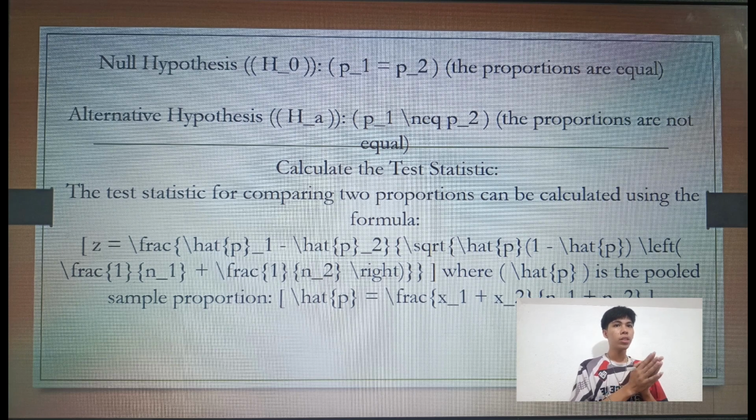The proportions are not equal. Calculate the z-statistic. The z-statistic for comparing two proportions can be calculated with the formula, and this is the formula. This is the pooled sample proportion, and this is the pooled sample proportion.